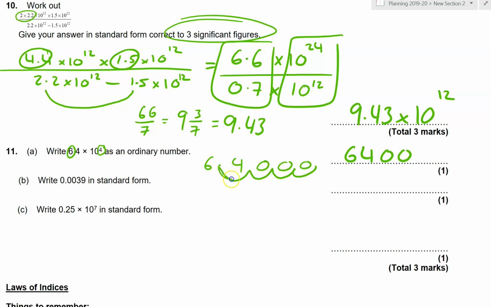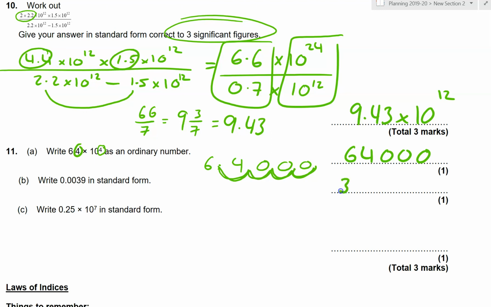I've got 1 too many jumps. 1, 2, 3, 4. Oh, 4th column. Silly sausage. It's not the 6. She tells a lie. It's the 4 that goes in the 4th column. Ah, dear me.